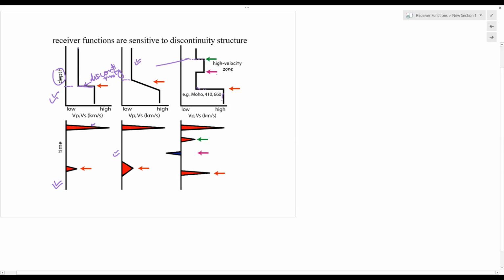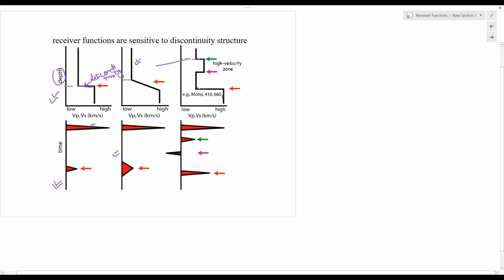But in this case, you have another additional structure having high velocity. So for this structure, an additional P2S converted phase will emerge between the direct P phase and the P2S converted phase.